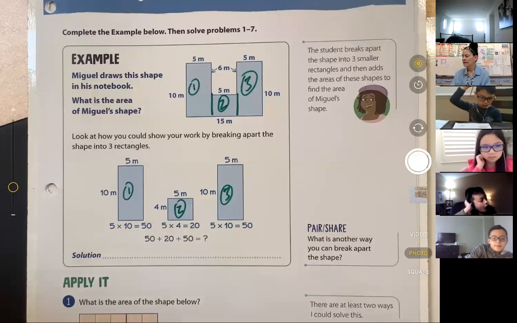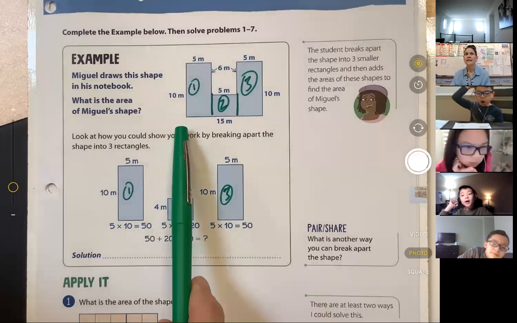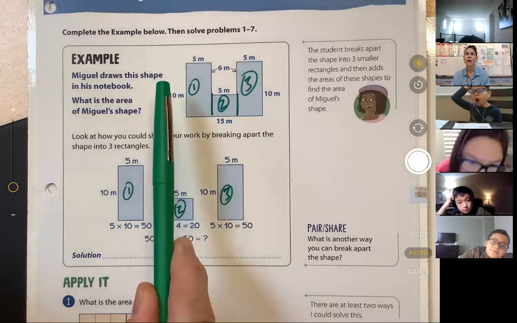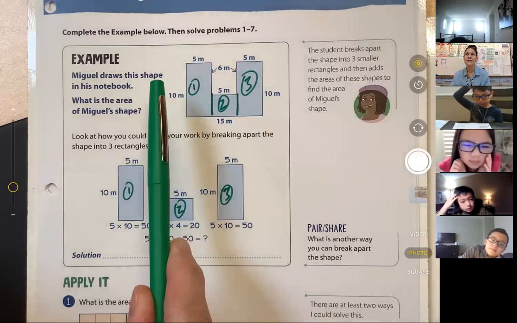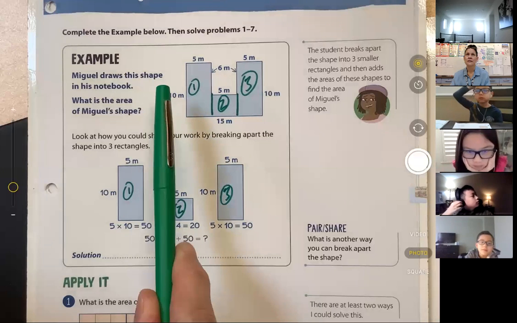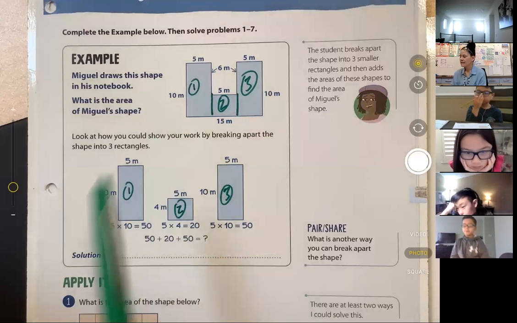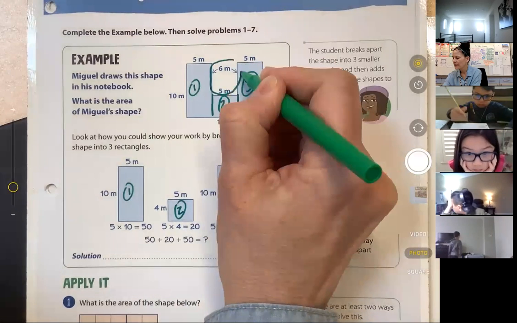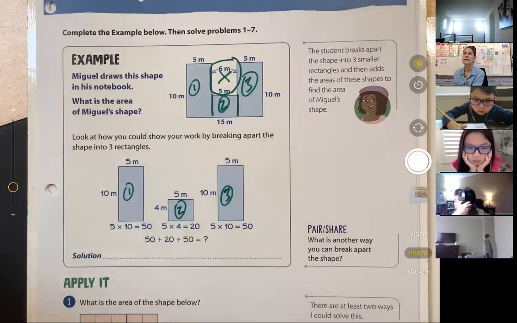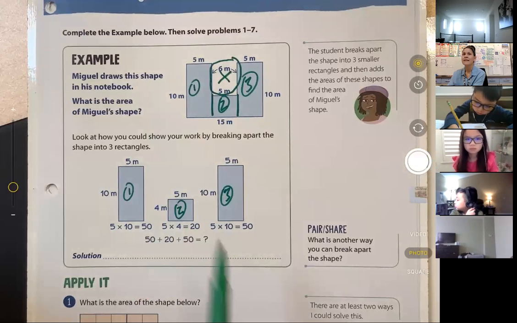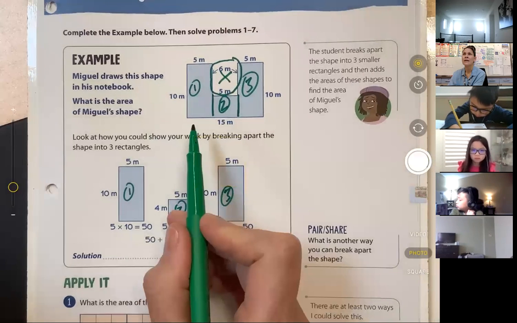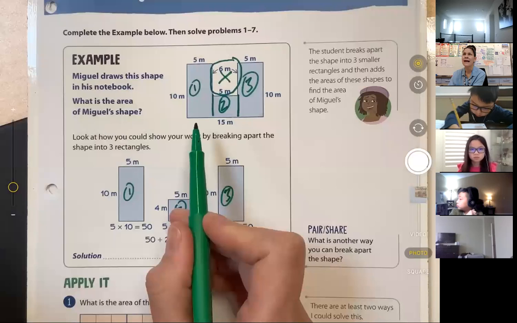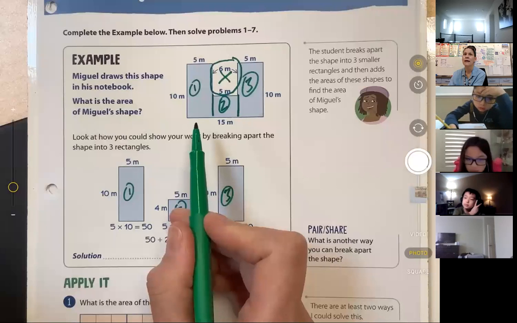We cannot simply say 15 times 10 and call that 150 square meters. Why? Because this space here has no area. It is blank. It is empty. So we need to break this non-rectangular shape up into 3 smaller shapes and calculate it piece by piece.